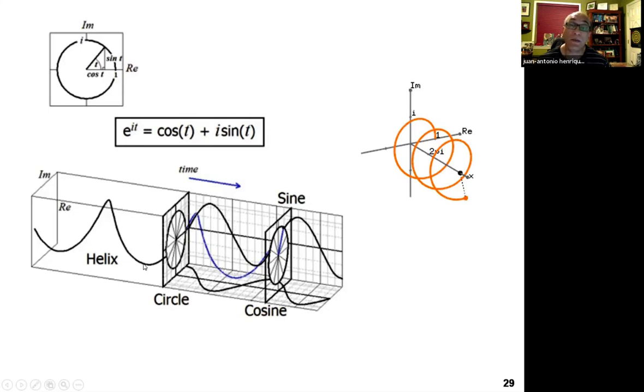That's what forms the helix effect you see here, coming out of the plane. Now that's not important for us. It's just a little graphical representation to show you how that relates, okay?